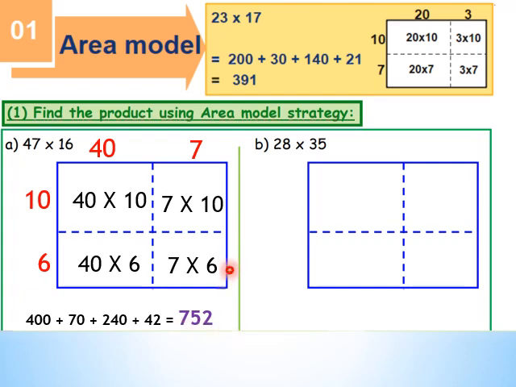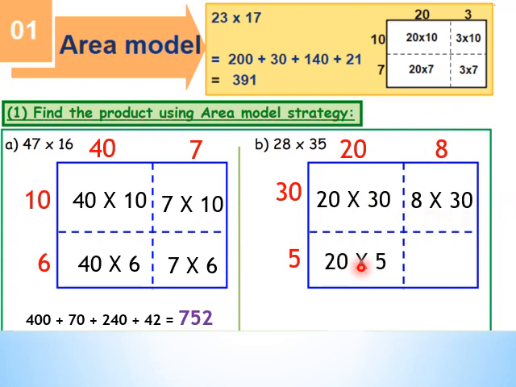Let's see another example. If I have 28 by 35, I will split 28 into 20 and 8 on one side, and on the other side I write 35, and it will be split into 30 and 5. Let's get the area of each single rectangle. I will multiply side by side, the length by width. So here I'll say 20 by 30, and in this rectangle, side by side, 8 by 30.